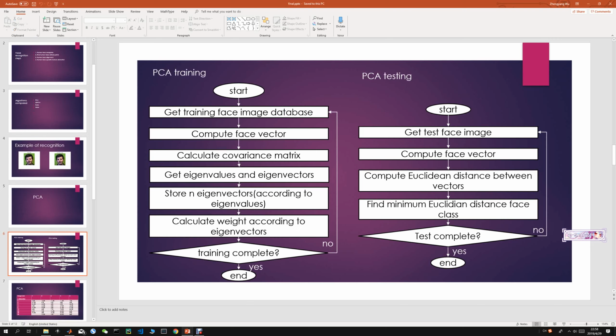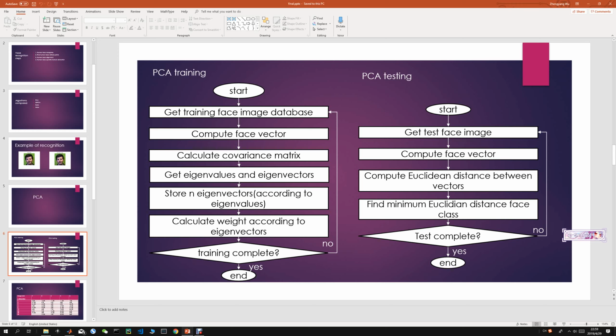In this project, the algorithm uses principal component analysis with support vector machine, and the diagram shown below is the training part and the testing part of the PCA algorithm, and also the 2D PCA algorithm.